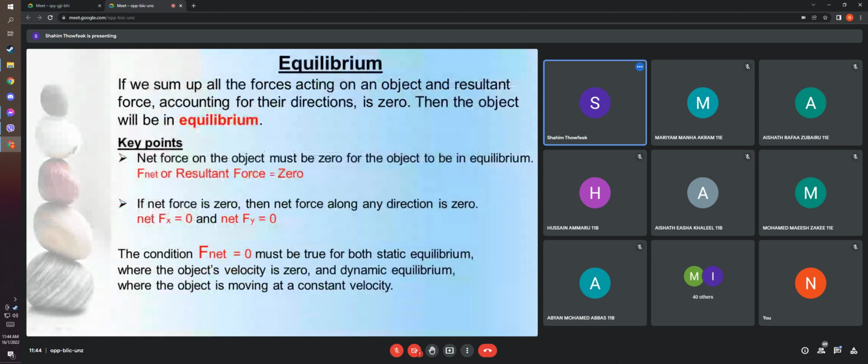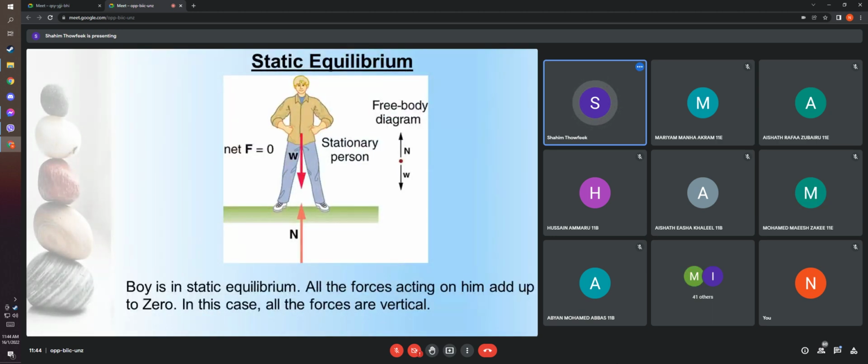Okay, a simple example, just imagine you are standing on a horizontal straight floor. So what are the forces acting? Your weight is acting downwards always, and normal contact force between your legs and the surface. It is always perpendicular to the surface.